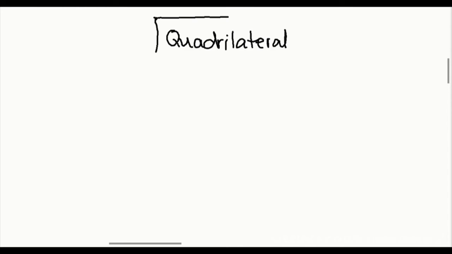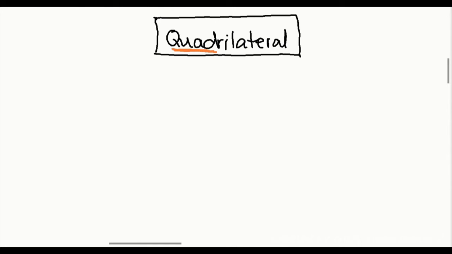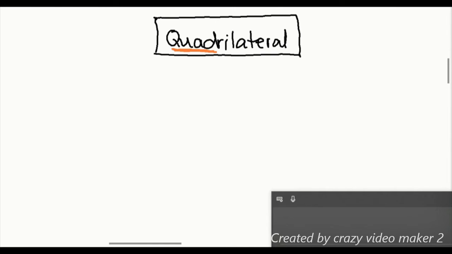How many sides does a quadrilateral have? Quad means 4. So we know that our quadrilaterals have 4 different sides. There are a couple different kinds of quadrilaterals. So in the quadrilateral family, there are 3 different kids. So one of the kids we learned about last week, parallelogram.